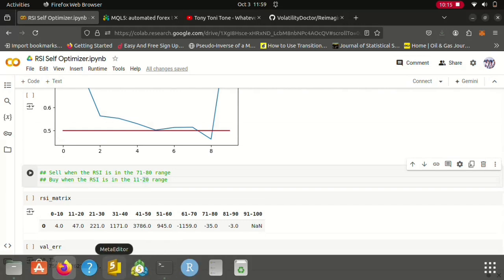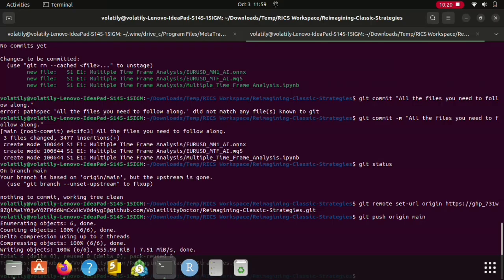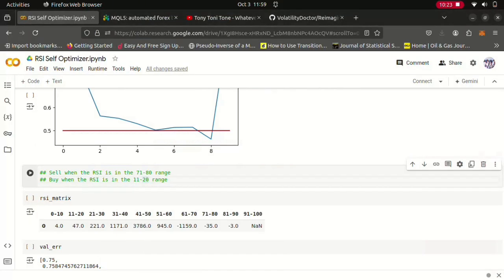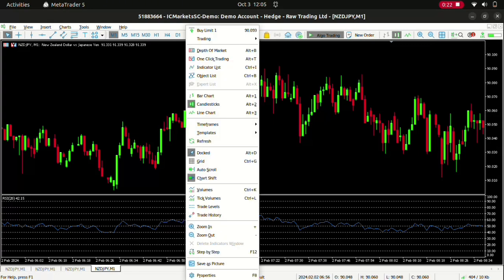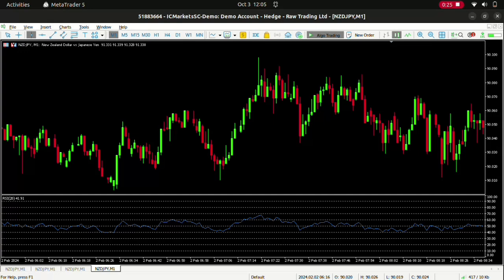Given those insights, I then went on to implement an expert advisor that tries to take advantage of our new understanding. I want to give you a visual conception of what we're trying to do today. As you can see, I've marked out 10 zones on the RSI. What we want to know is, as the RSI passes through each of these zones, what does it tend to do in future?